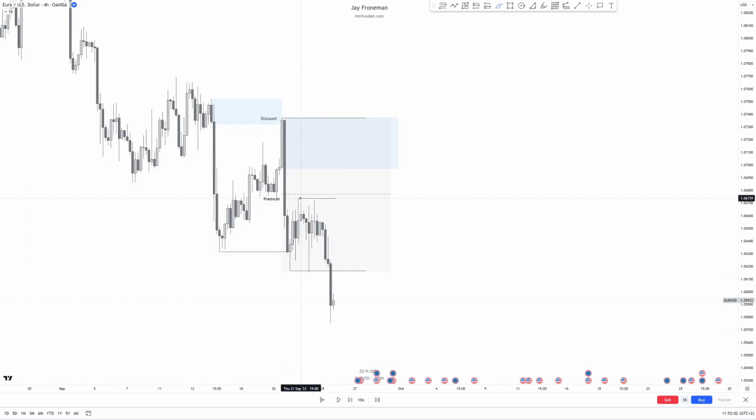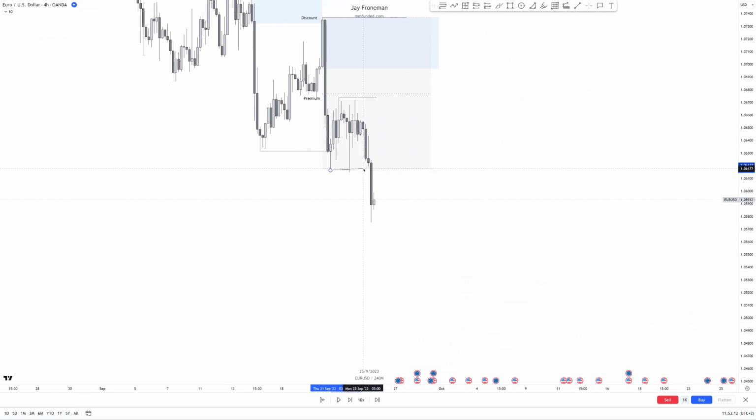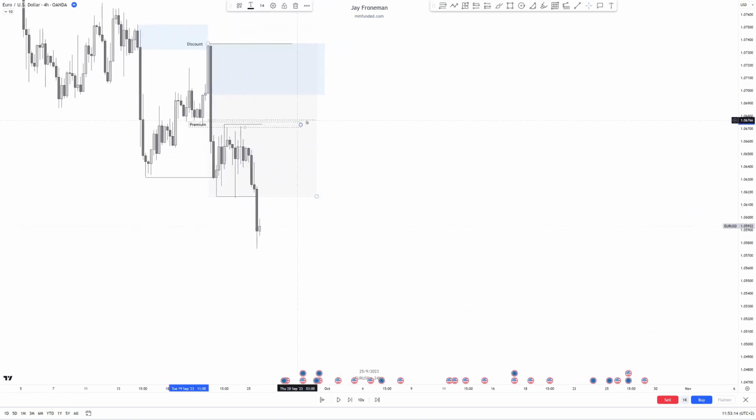Okay, and there's an example where price did not mitigate discounted areas of pricing, but we still targeted those expectational weak lows. We can now update price. We've most recently had this new break of structure to the downside. This becomes our strong protected high. This becomes our new area of supply.